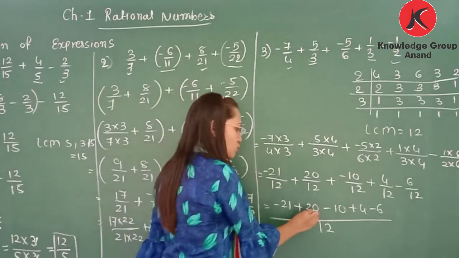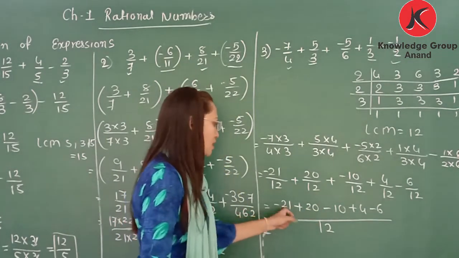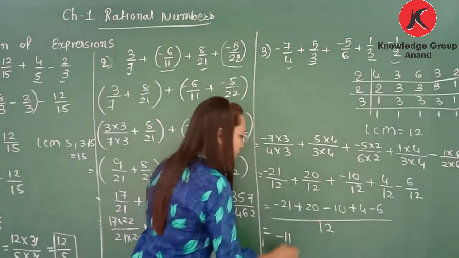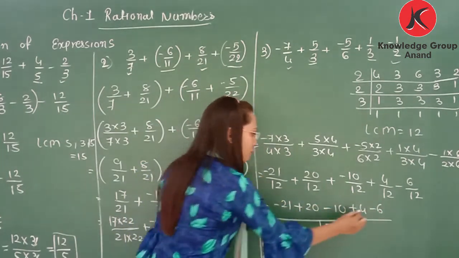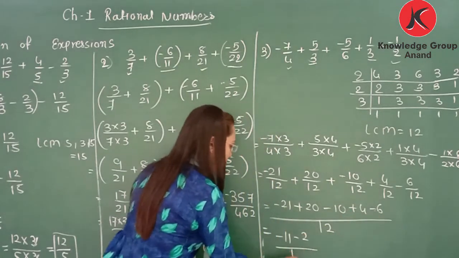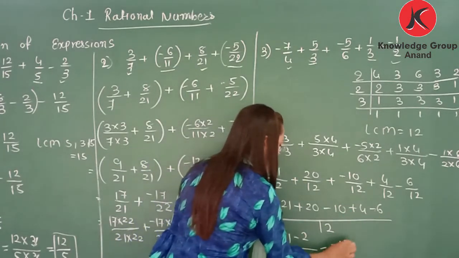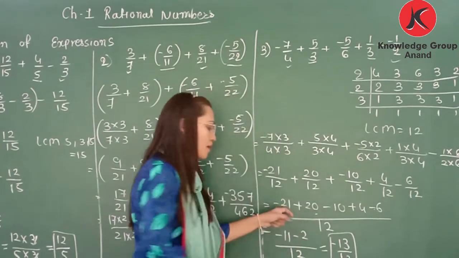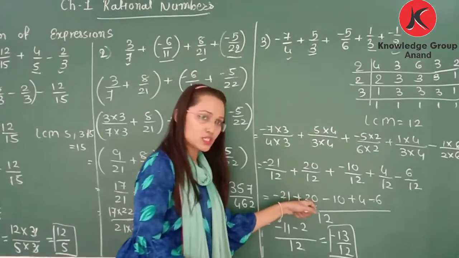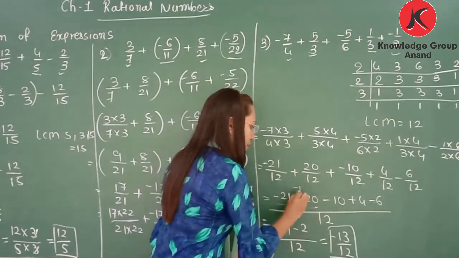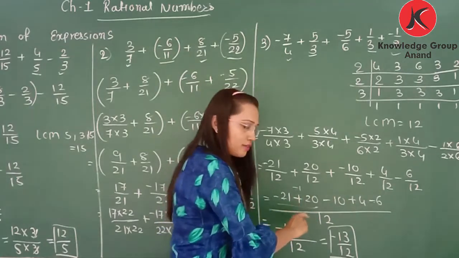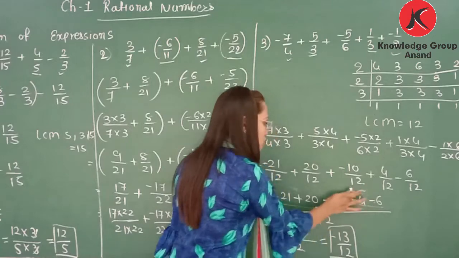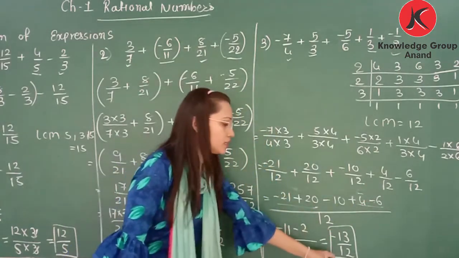Now minus 21 plus 20, that is minus 1, minus 1 minus 10, that is minus 11, and 4 minus 6 is minus 2 by 12. So it is minus 13 by 12. This is the simple simplification of integers. Minus 21 plus 20, that is minus 1. Minus 1 minus 10, that is minus 11. And this 4 minus 6 gives minus 2. So minus 11 and minus 2 is minus 13. So minus 13 by 12.